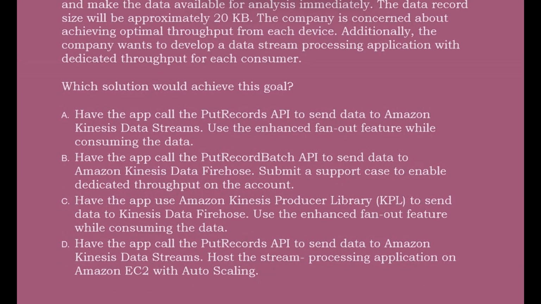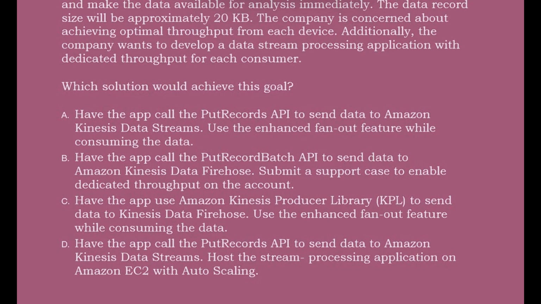Option A. Have the app call the PutRecords API to send data to Amazon Kinesis Data Streams. Use the enhanced fan-out feature while consuming the data. Option B. Have the app call the PutRecordBatch API to send data to Amazon Kinesis Data Firehose. Submit a support case to enable dedicated throughput on the account.